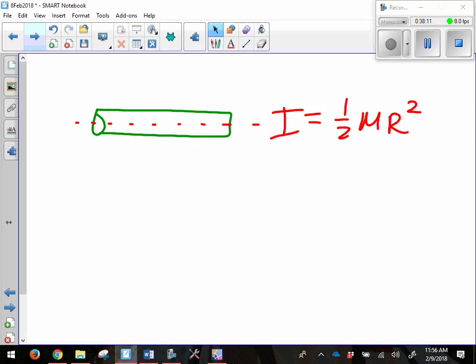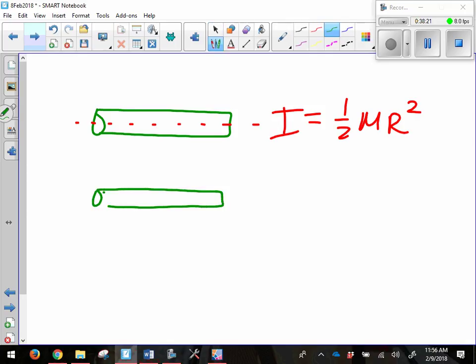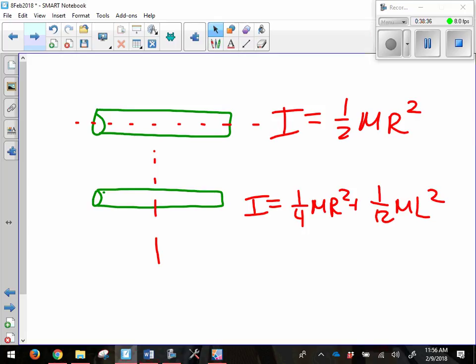But what if instead of twisting it this way, I twist it this way? So now, again, I have my rod, but now my axis of rotation goes like this. Okay, so it matters not just how much mass I have, but how it's distributed and where the axis of rotation is. Okay, so I just want to say one more thing.